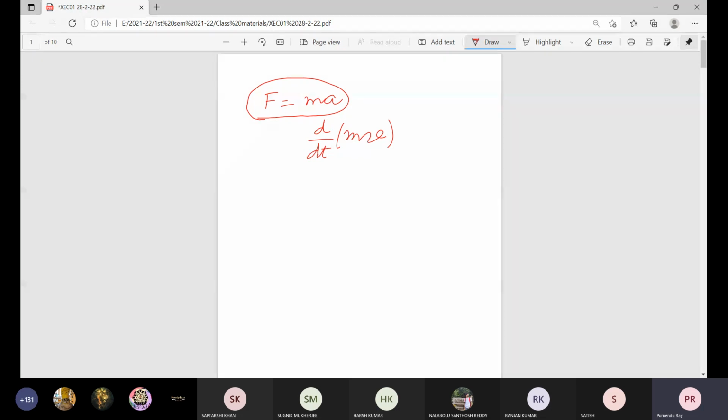Now, whatever may be the notation, that linear momentum, angular momentum, and their rate of change with respect to time, we can find the linear force or the resultant of the linear forces, or the rotational effect of those forces, or directly the torque applied. Okay.